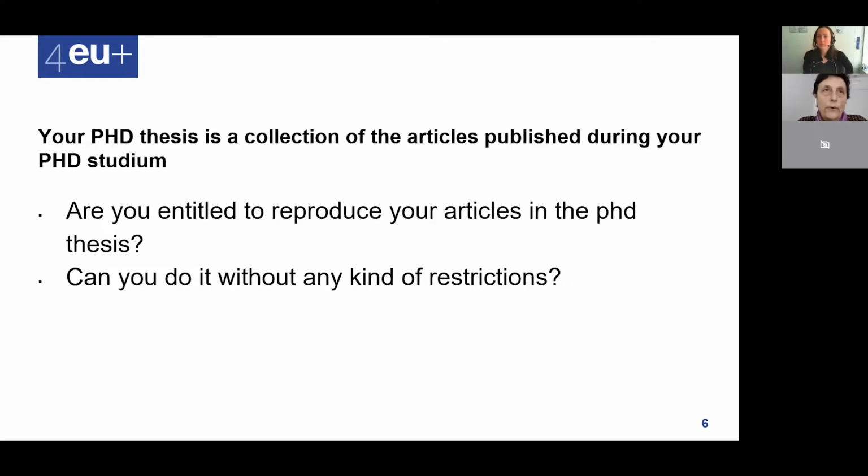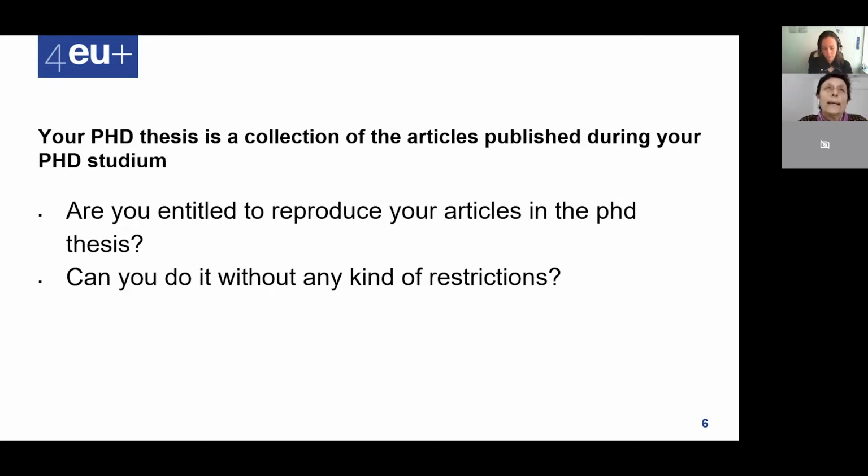You cannot reproduce your article in the PhD thesis unless it is natively an open access article. So you have to observe some restrictions, and these are the restrictions and the rules defined by the single publisher.